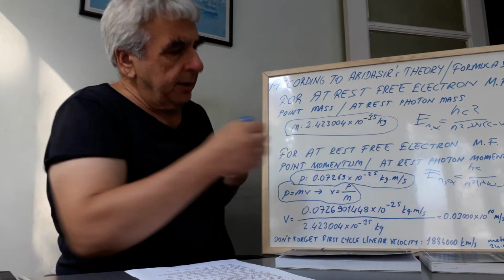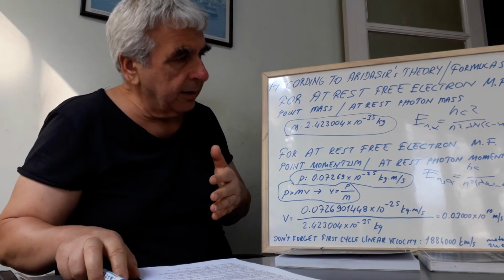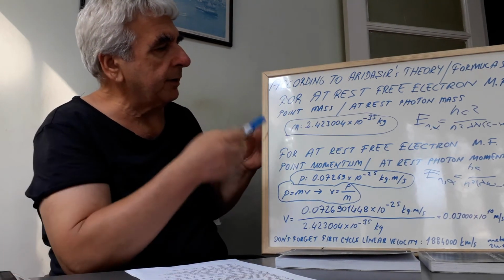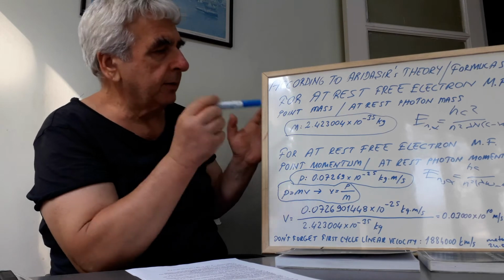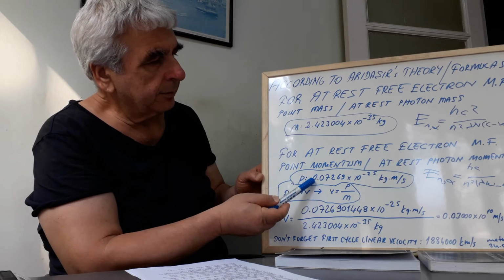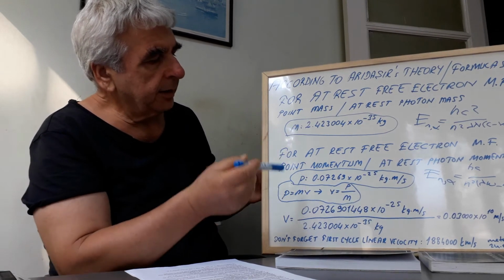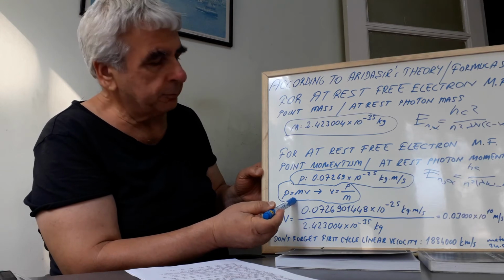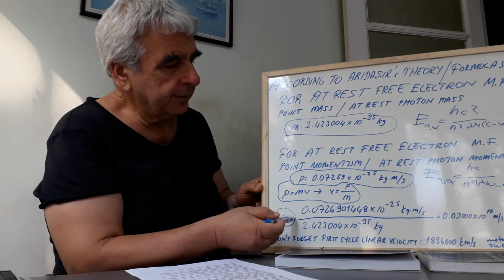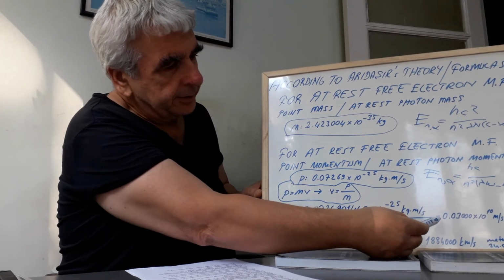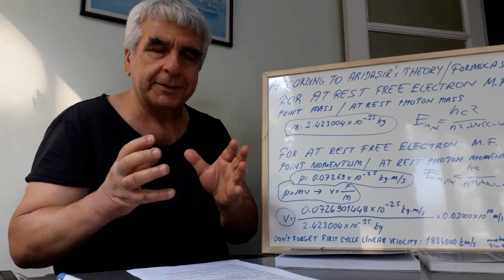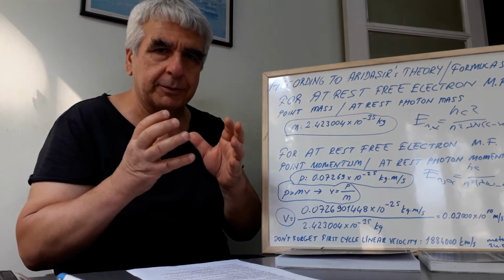Same results. I have computed according to my theory and my formulas, and I have found this figure for at rest photon mass and at rest photon momentum. Then, when put in this famous formula P equals mv, this is the result, equal to the speed of light for the at rest free electron motion form.